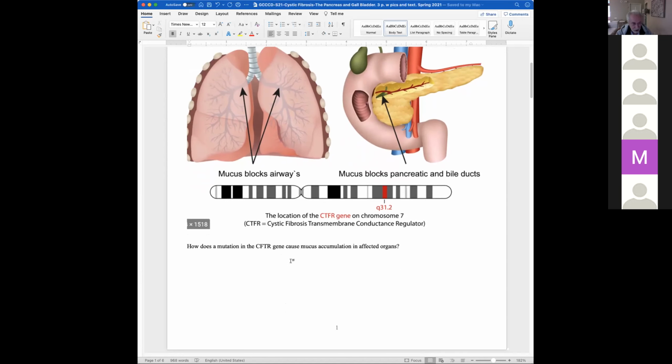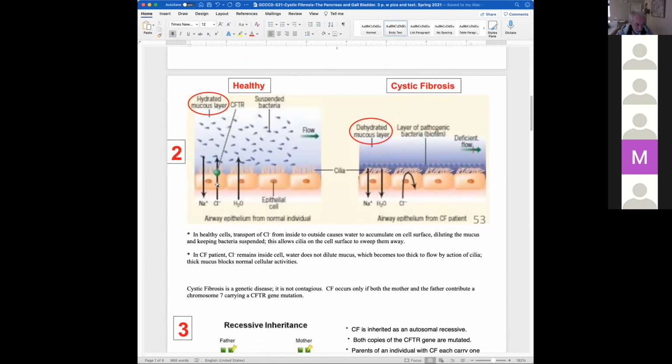So in a healthy organ, like a lung or a pancreas, there's mucus on the outside, and that mucus is hydrated. It's thin because of the CFTR protein, which transports chloride ions. Here you see CFTR protein is in green.